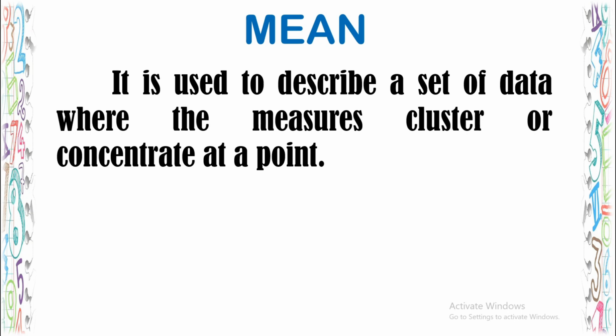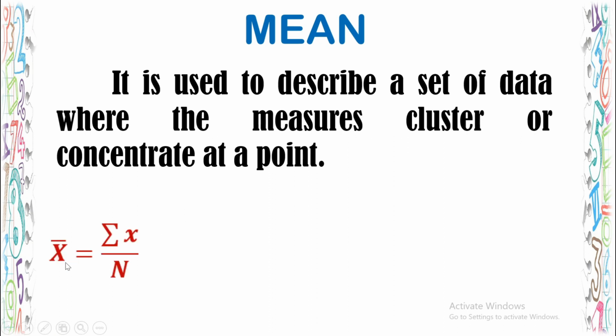All data, whether the lowest or the highest or the values at the middle or at the center, are all considered in this measure of central tendency. This is why the mean is considered the most commonly used measure of central tendency.